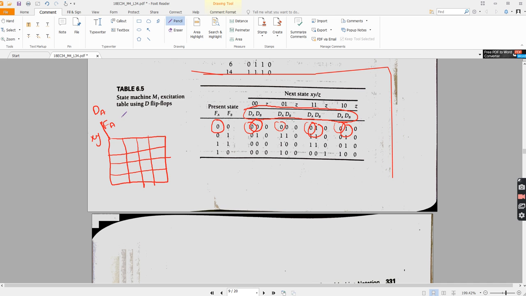FA FB. Clear? So what is this row? 0 0, 0 1, 1 1, 1 0. Now XY is 0 0. What is the first row? XY is 0 0. Correct? Yes or no?